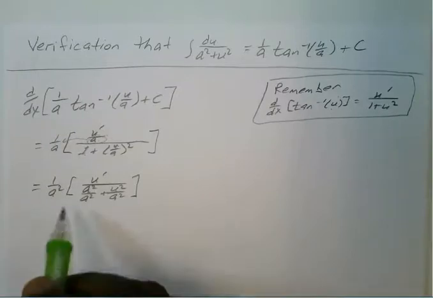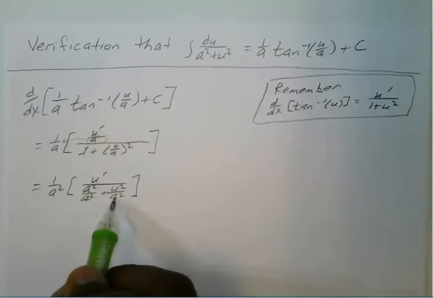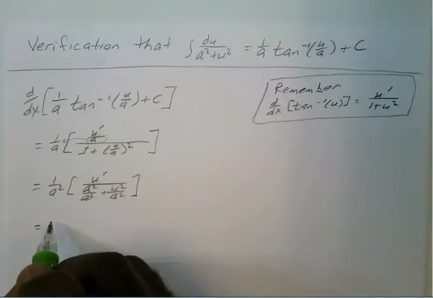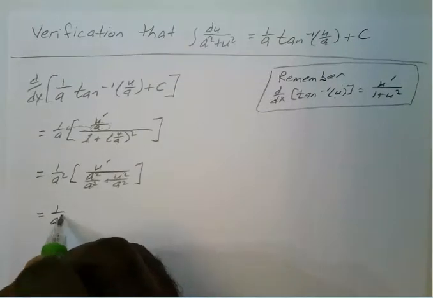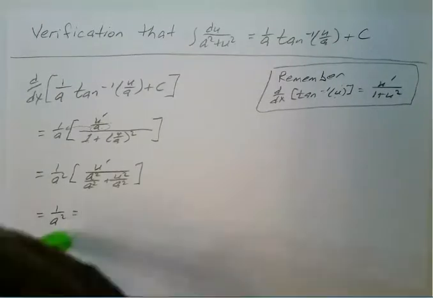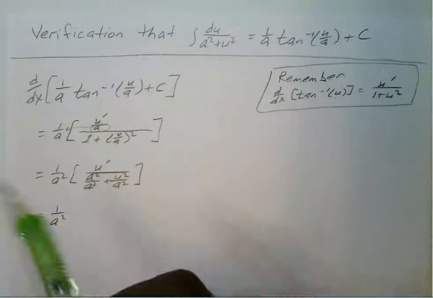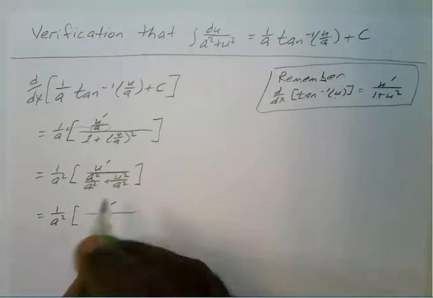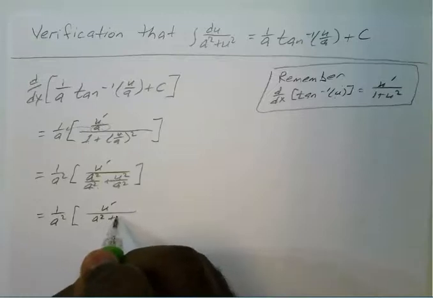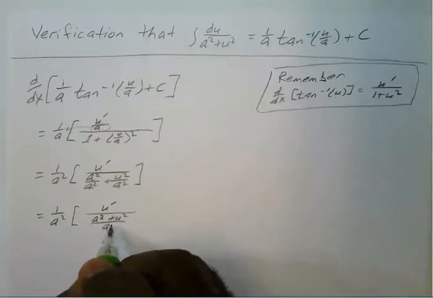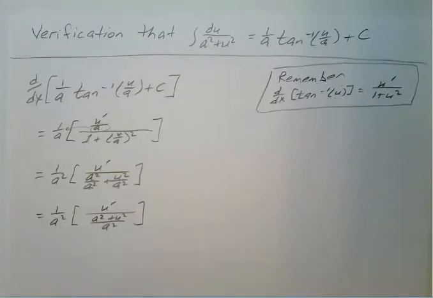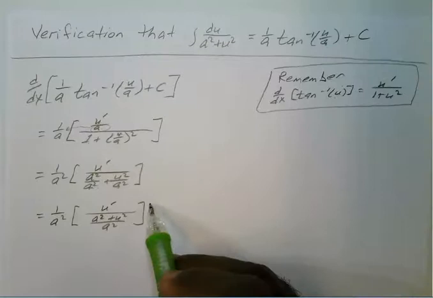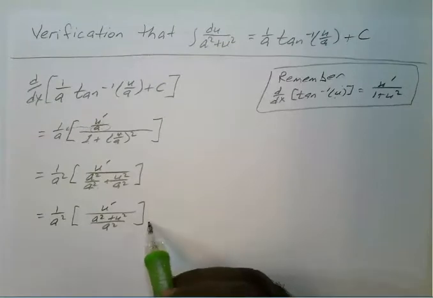All right. So if we go ahead and combine those terms, because they have the same denominator, we can go ahead and combine it. So we have 1 over a squared times u prime over a squared plus u squared over a squared. Okay. Now, what if we go ahead and multiply this by a squared over a squared?